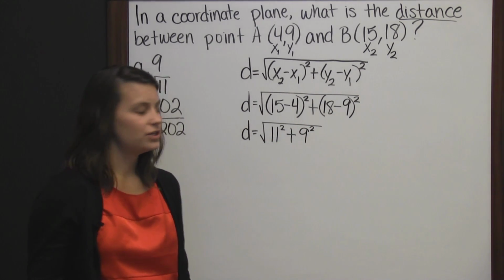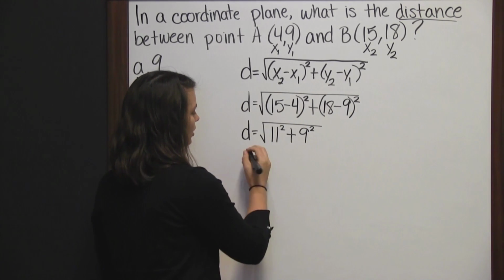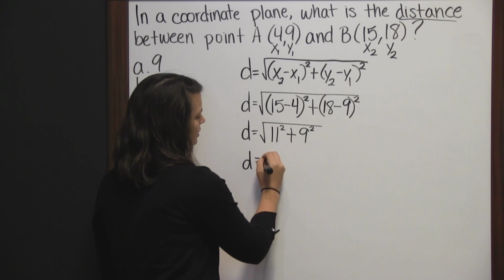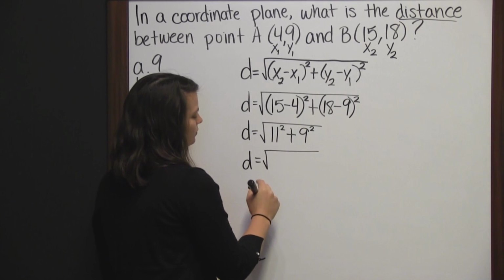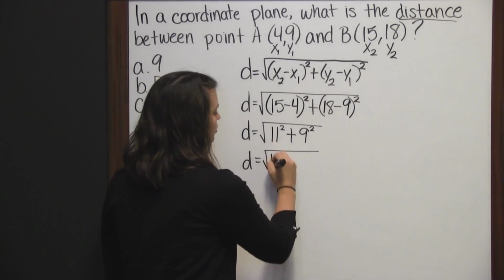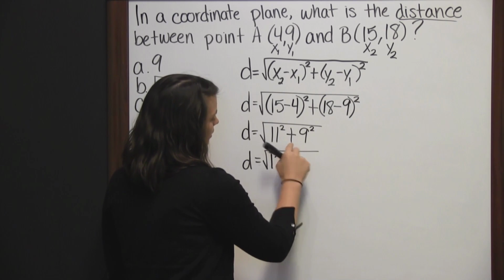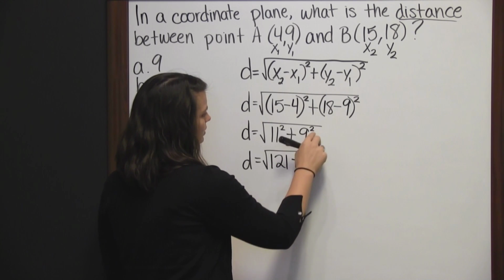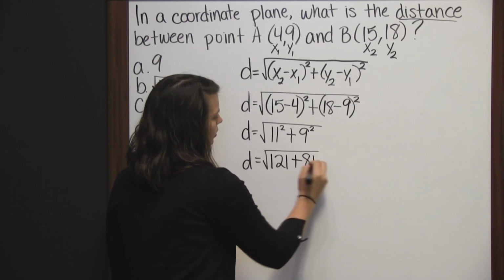Next, our order of operations tells us to take care of our exponents. So the distance equals the square root of 11 squared is 11 times 11, which is 121, plus 9 squared is 9 times 9, or 81.